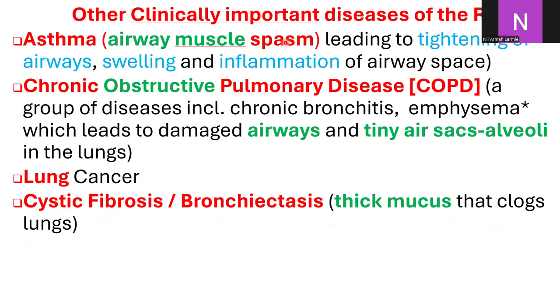You can also have cancer. So lung cancer is another clinically important disease of the respiratory system. And then you can have fibrosis, cystic fibrosis. Now, cystic fibrosis is where you have thick mucus being formed in the lungs. This can lead to low levels of oxygen, can lead to blockade, and sometimes can result in death.